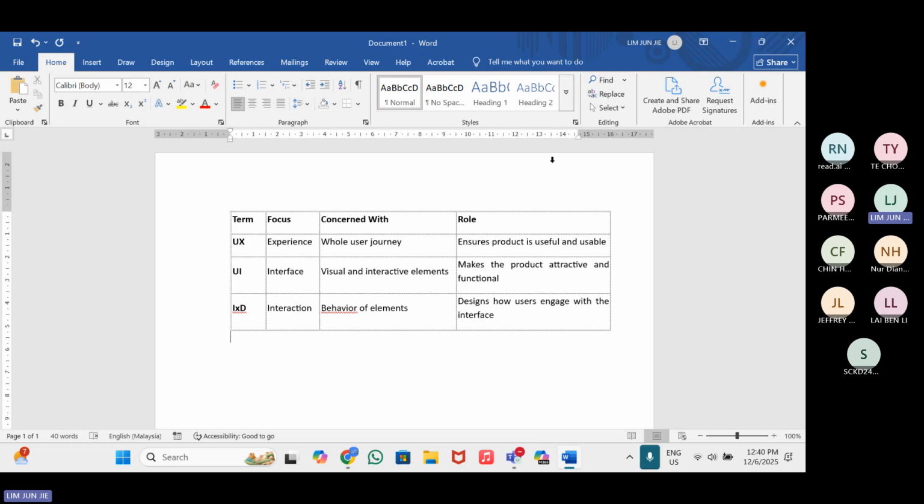It focuses on the look and feel of the product. And last is interaction design. Interaction design is a subset of UX that focuses on how users interact with a product. For example, it deals with the behavior and functionality of interactive elements.